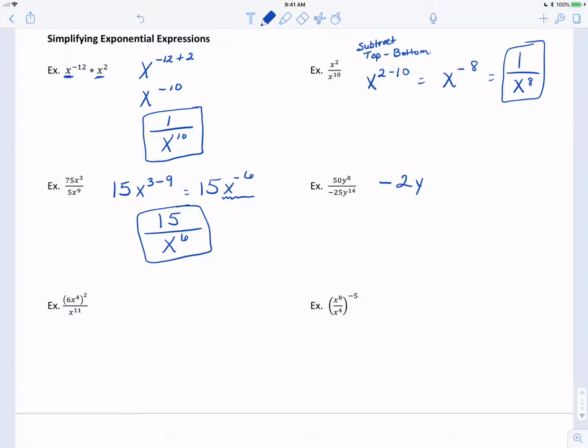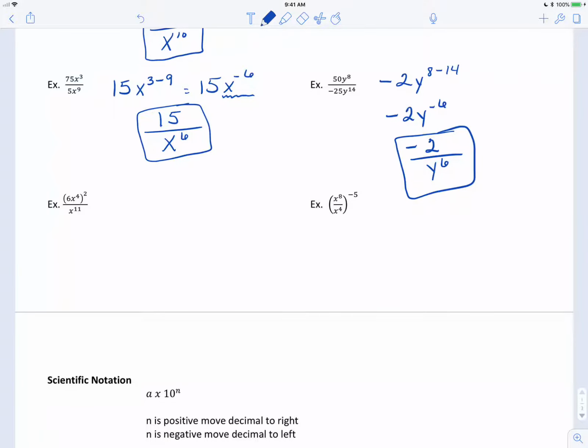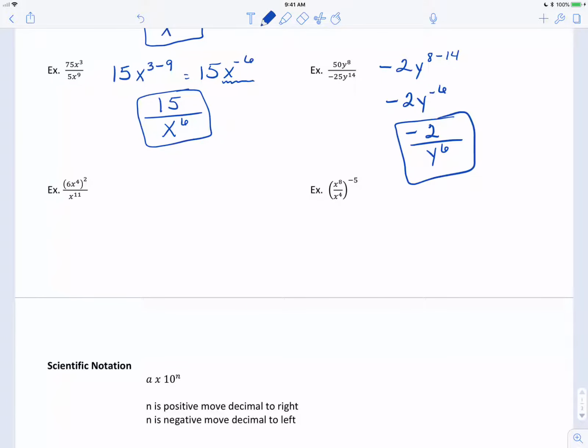But y to the 8th minus 14, well, 8 minus 14 is still negative 6, so we have negative 2 y to the negative 6, so we're going to put that y on the bottom, not the 2. The 2 is going to stay on top, because that is just a whole number. He's negative.